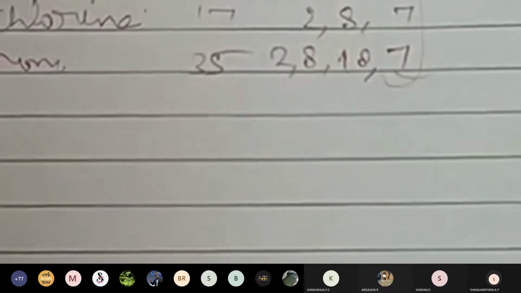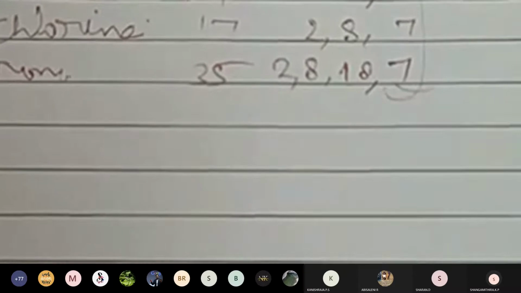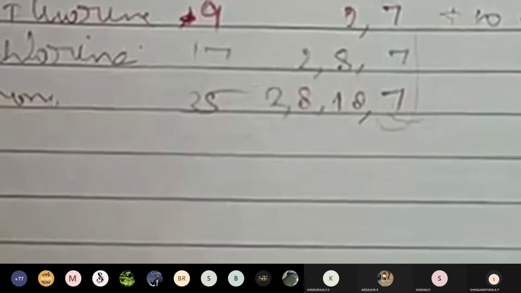So while doing many sums like this, you can easily solve all these problems. Simply saying, in order to find the position of an element in the periodic table, first you write the electronic configuration and then find the period and group number from its electronic configuration.